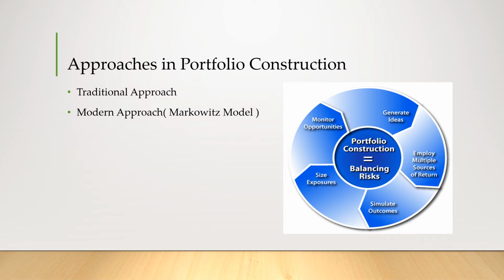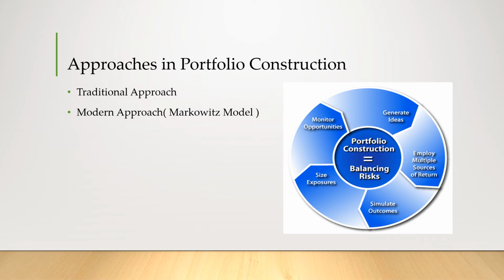Next, coming to the modern approach. It is also known as Markowitz model, wherein Markowitz gave more attention to the process of selecting the portfolio. According to him, stocks are not selected on the basis of need for income, but the selection of stock is based on risk and return analysis.